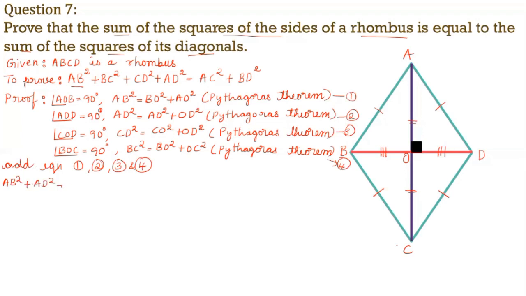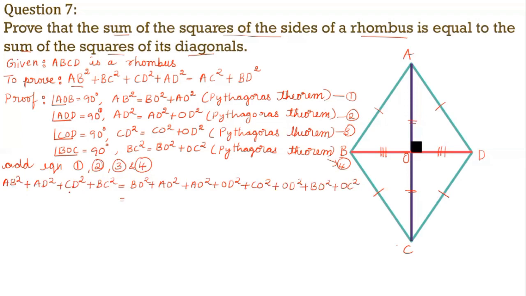AB square plus AD square plus CD square plus BC square is equal to BO square plus AO square plus AO square plus OD square plus CO square plus OD square plus BO square plus OC square.